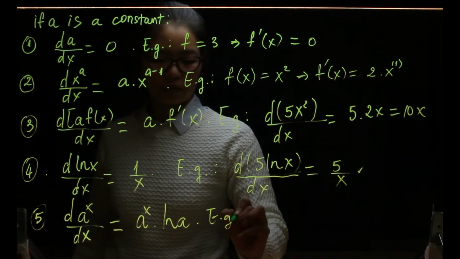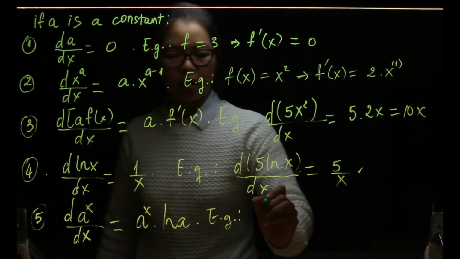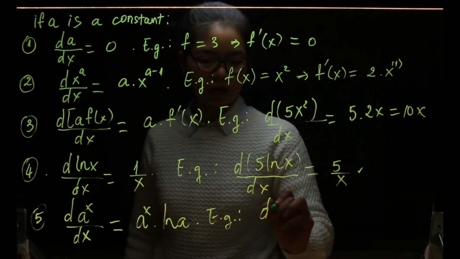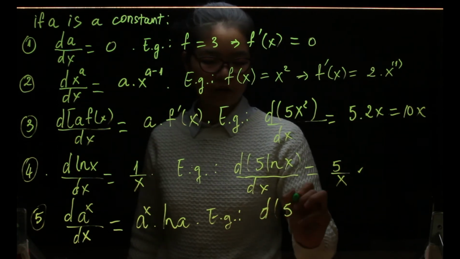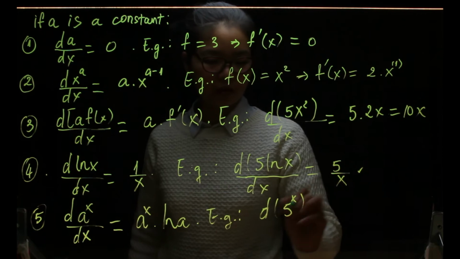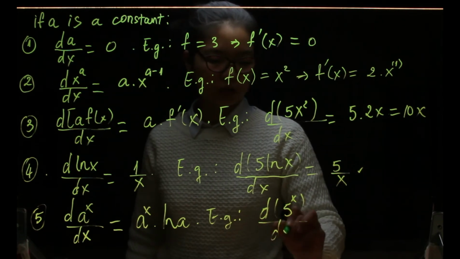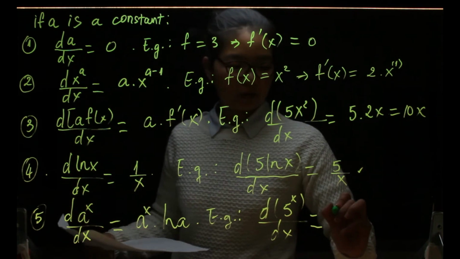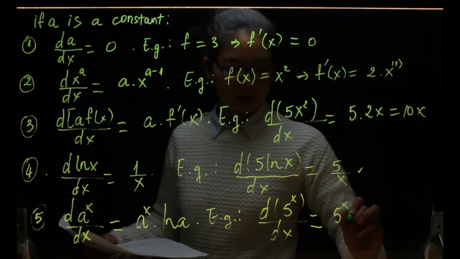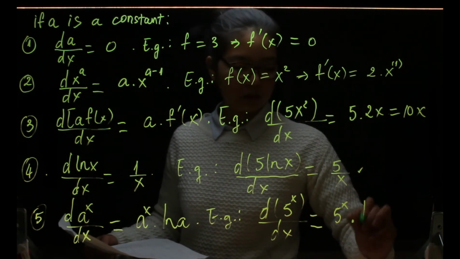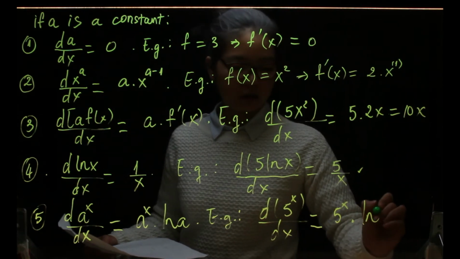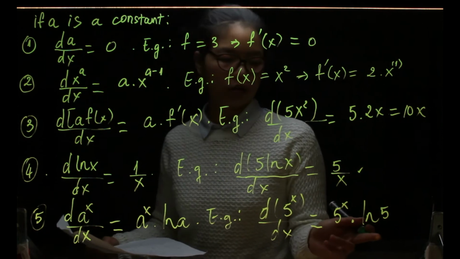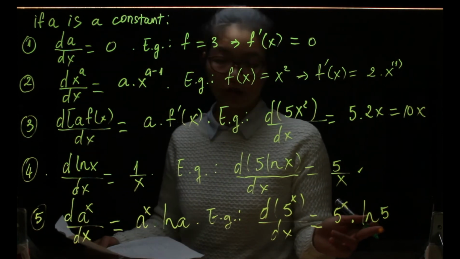Example, if we have the derivative of 5 to the power of x with respect to x, that would be 5 to the power of x itself times the natural log of 5.